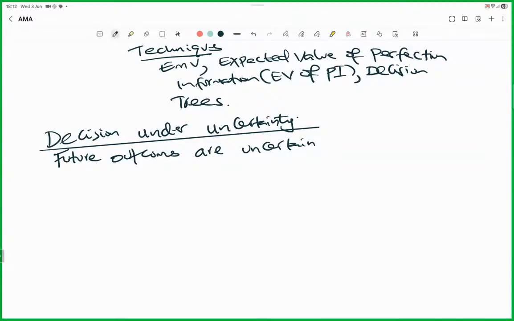Probabilities are unknown. So in this case, future outcomes are unknown or uncertain, and the probabilities are unknown or not given.